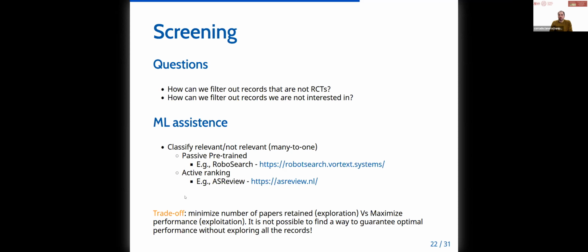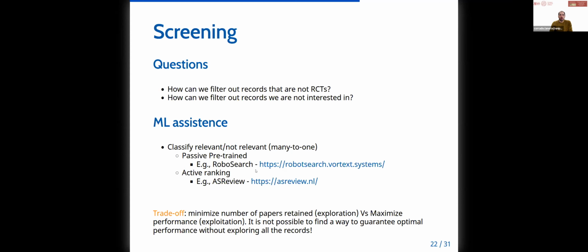So as soon as you would like to save some time, and in this case it translates to not exploring all of your records, you have to admit that some kind of error, maybe some false negatives, can happen.